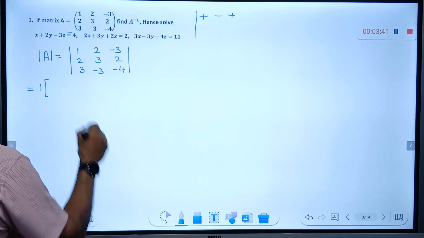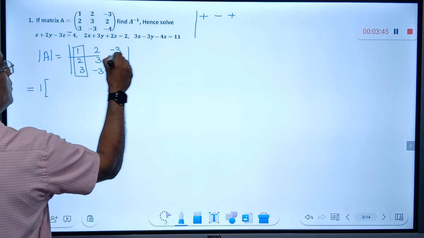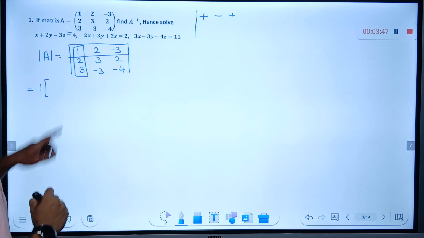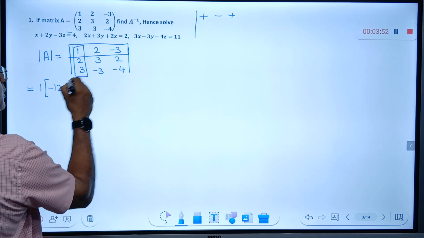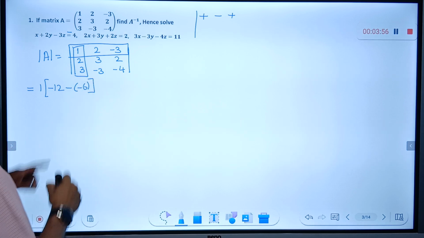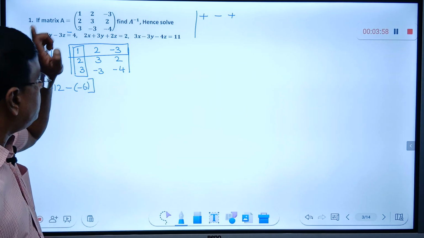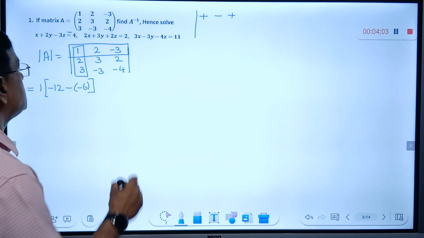Omit that row and omit that column. What do you get? 3 minus 12 and minus of minus 6. Minus 3 into 2 is minus 6.